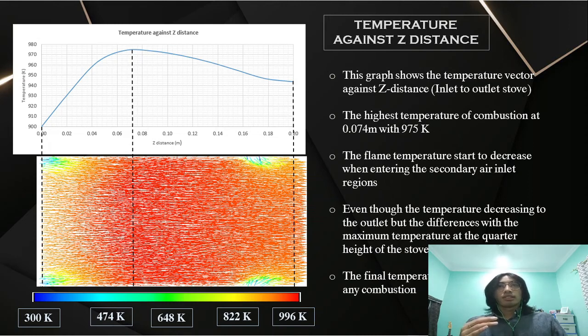Okay, so from this I can say that the secondary air inlet did not affect the temperature at the outlet of the stove so much.